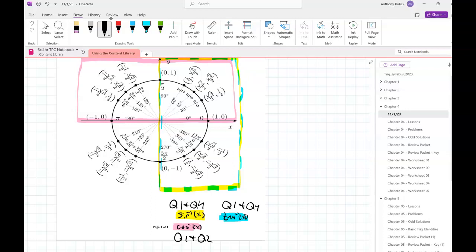So 1 and 2 is cosine inverse, and then 1 and 4 is tan inverse.